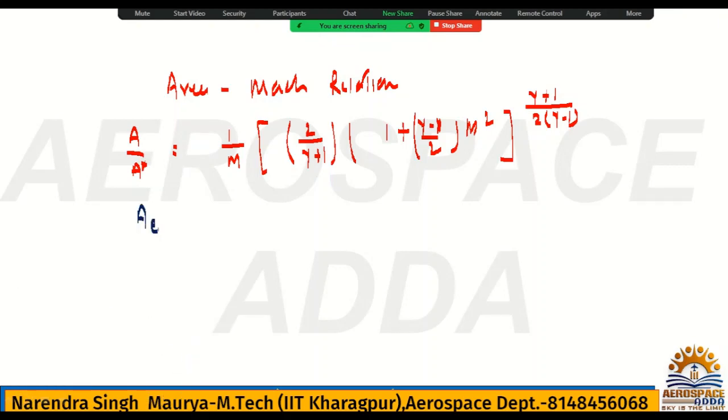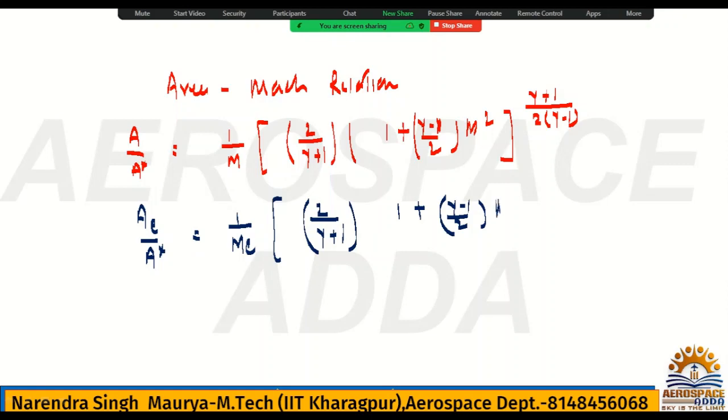Now you are going to write this with the exit Mach number. I told you the technique. So A exit divided by A star will be what? Why are you writing A exit by A star? Because M exit you know, no? M exit, just now you have been given as 2.15, so you can use the A exit by A star formula. If you calculate A exit by this formula, check.